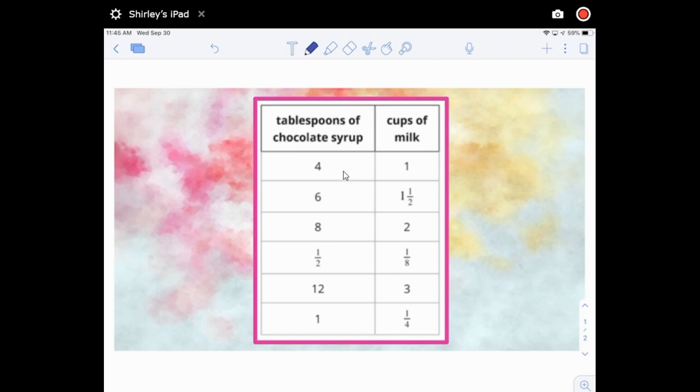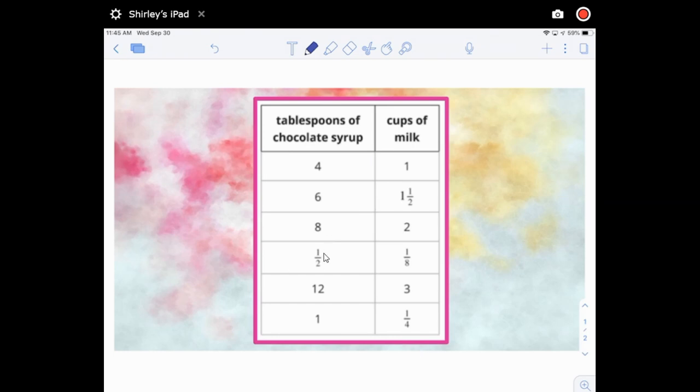So you just want to specify here that your pattern is that you're taking your tablespoons of chocolate syrup, multiplying them by 1/4, and it's giving you your cups of milk. So again, straying away from that idea that you're dividing by 4, you want to use the language of 1/4 or 0.25. So that means that I can take all of these tablespoons of chocolate syrup, multiply them by 1/4, and it's going to get me my cups of milk.